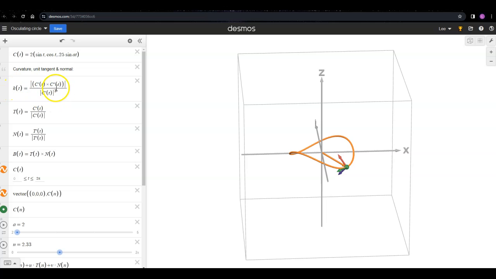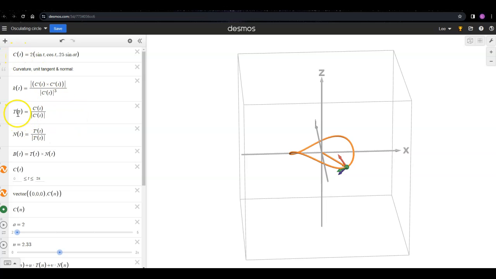Curvature, there's many ways you can find it. This is just one of them, but it's one of the more useful in the fact that I don't have to define a bunch of other things. I can just use derivatives and second derivatives of C in that definition.